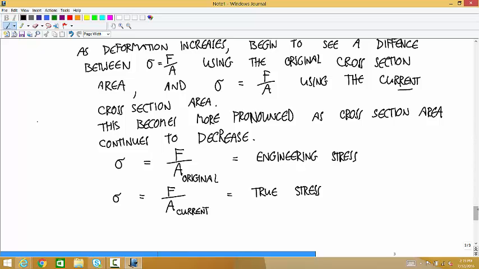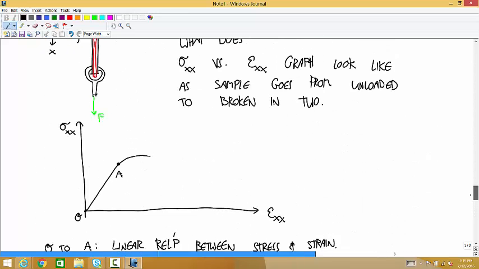And they start to look like this. So in the black line, I'm going to do the engineering stress.